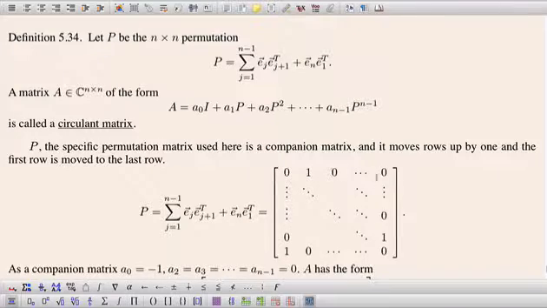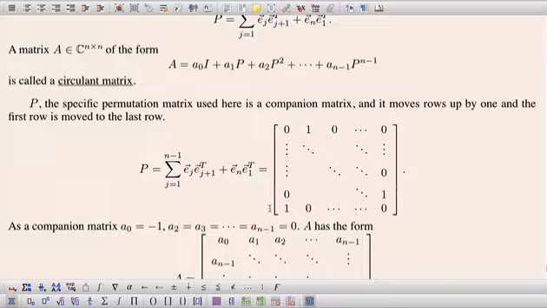So this matrix has this form: ones in this upper diagonal part, 1 here in the n1 entry, and 0 everywhere else. So when you multiply a matrix by it, the second row moves into the first row, the third row moves into the second row, and so on. And here we have a0 is minus 1 as a companion matrix, and a2 through a_{n-1} are 0.